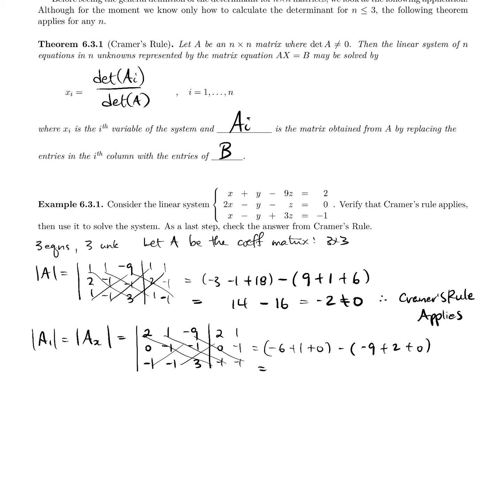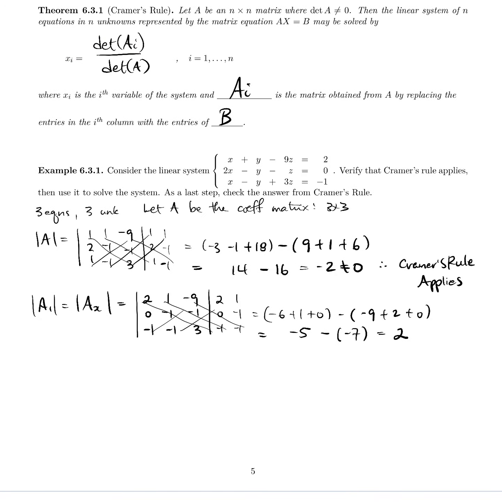So we have minus 5, and then here minus 7, so 7 minus 5 is 2. Now, that is the numerator of the x fraction. I should maybe rewrite that. According to Cramer's rule, x is the determinant of A_x over the determinant of A. The determinant of A_x we just calculated as 2.